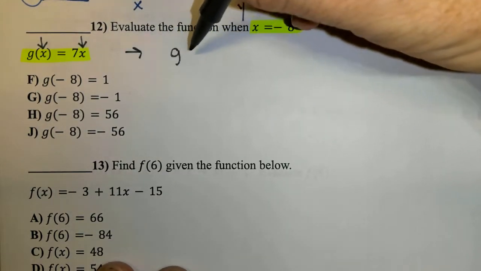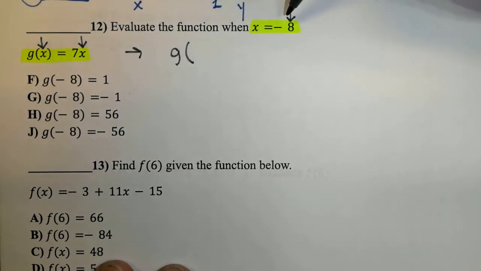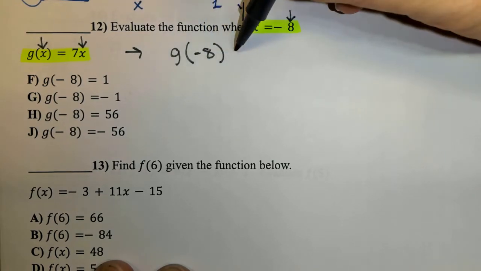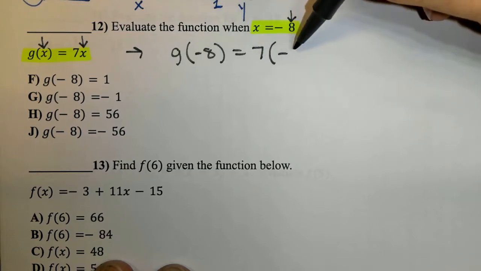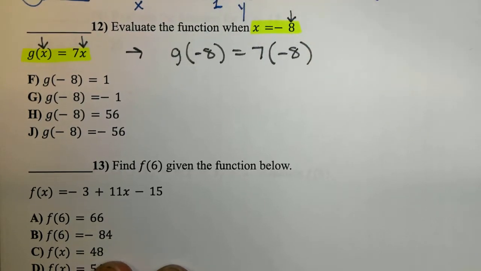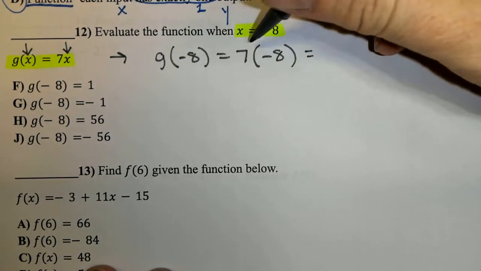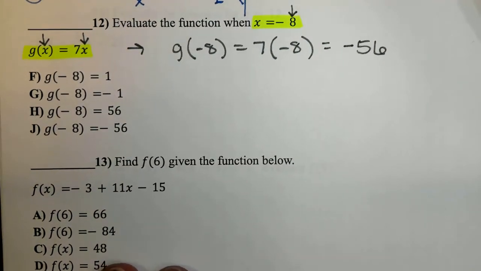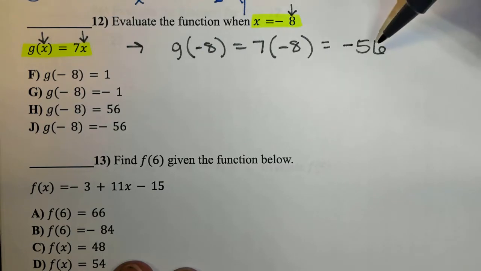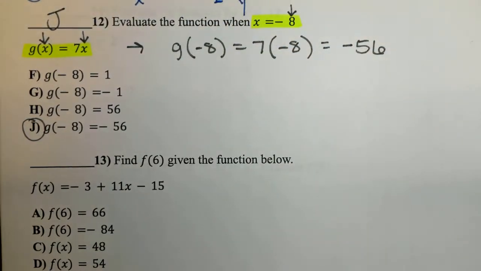So now I'm going to have g of -8 equals 7x, or 7 times -8. And now I can just type that in, right? 7 times -8 is -56. Hey, that was pretty easy. So I just need -56, which is all the way down here. So my answer is J. And I'm done with that question.